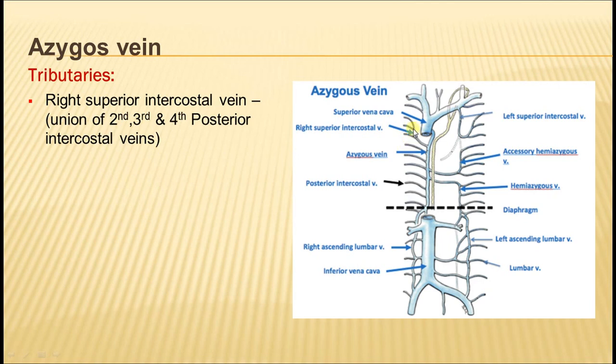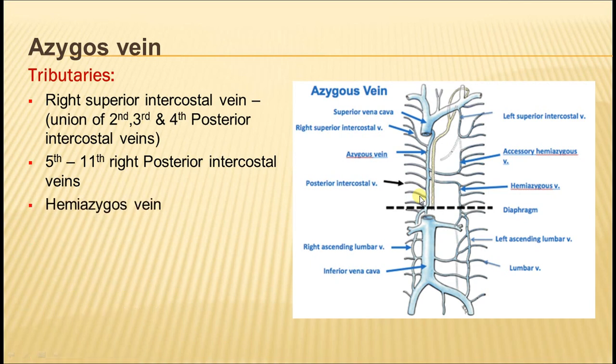So the superior intercostal vein is one of the tributaries of the azygos vein. Then the 5th to 11th all drain separately or individually into the azygos vein. Okay, so the 5th to 11th right posterior intercostal veins.